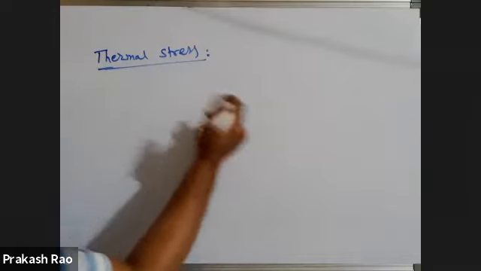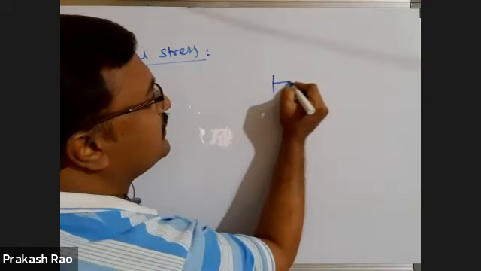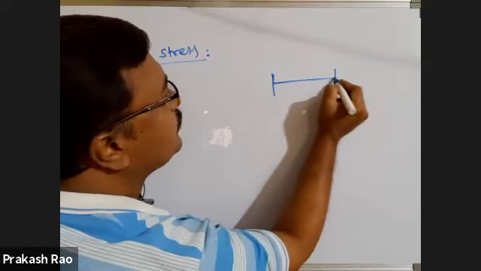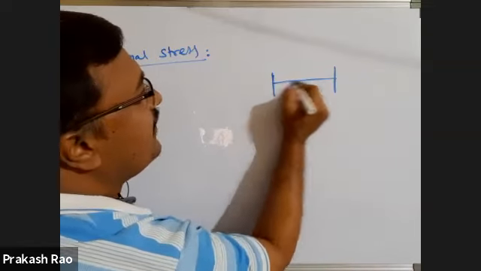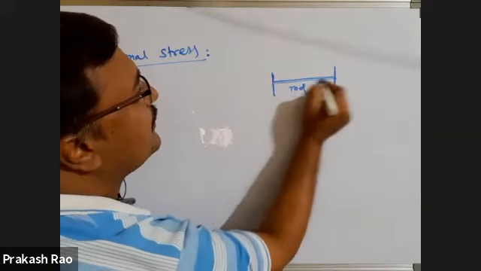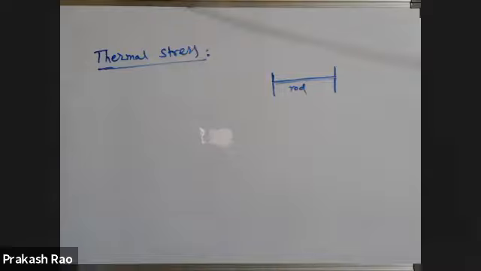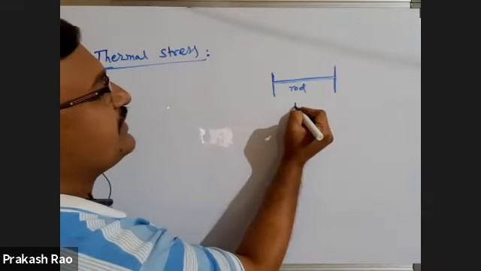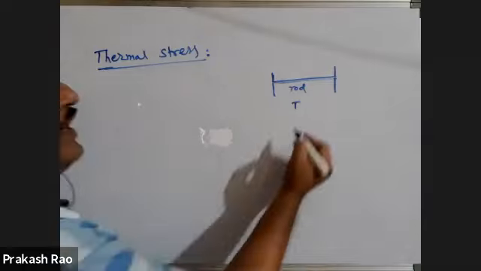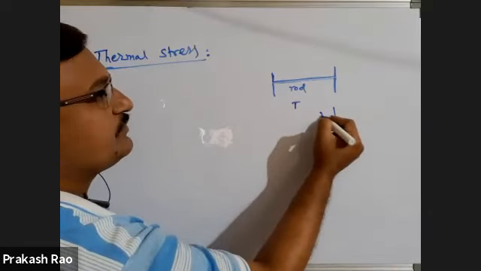Why is stress created? For example, this is one wire or rod which is fixed between two rigid supports. Tension in the rod, say now, is T. Now assume that temperature is decreased.